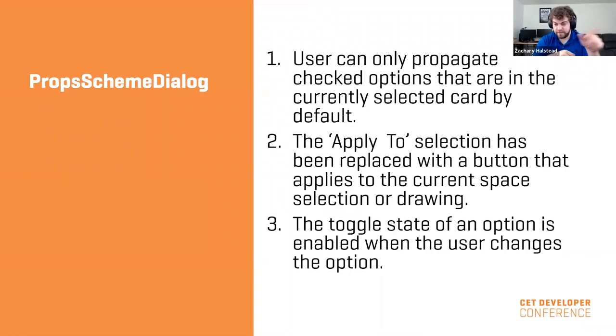There's a little toggle that you'll be able to change that to apply all the cards. And then the apply to selection has been replaced with a button that applies to the current space, selection, or drawing. The toggle state of an option is enabled when the user changes the option. And that is it for the prop scheme dialog.